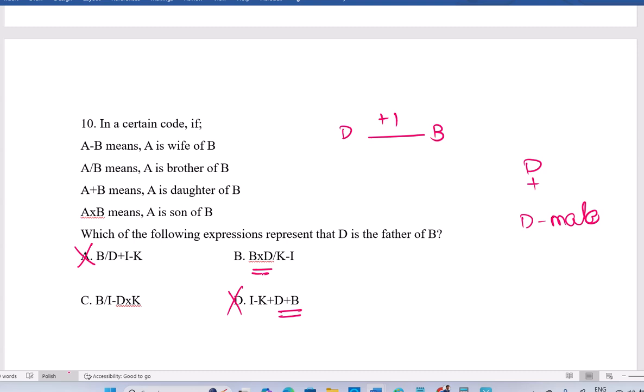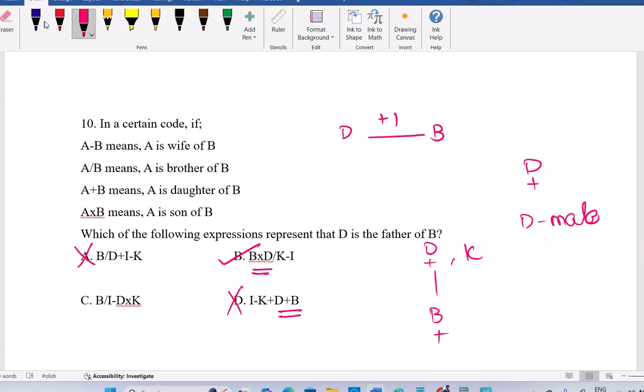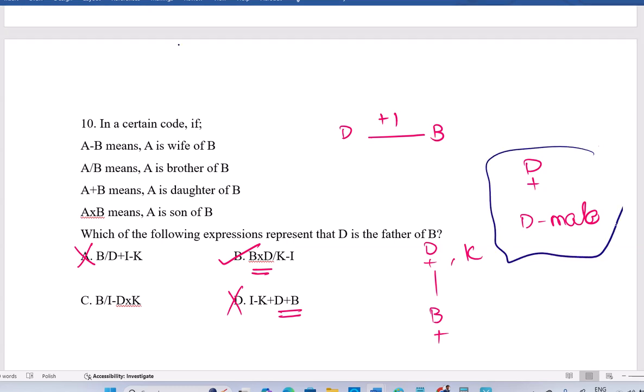See, B into D, B is son of D, D is brother of K. Yes, clearly. D is father of B, suitable in option B. A and D are directly eliminated because of female gender. D must be male, but as per options A and D, D is female. It's not suitable. Then you can try among B and C. With B, we got the straightforward answer.